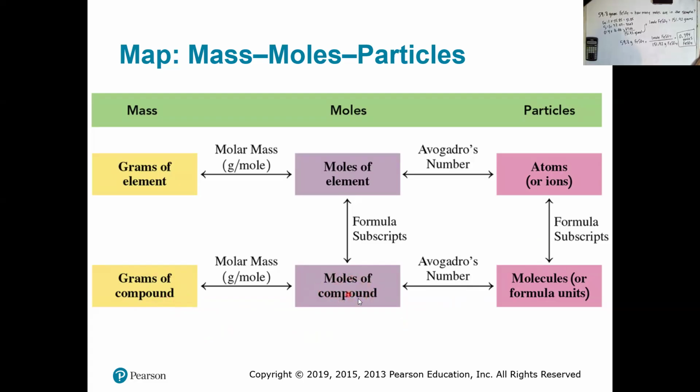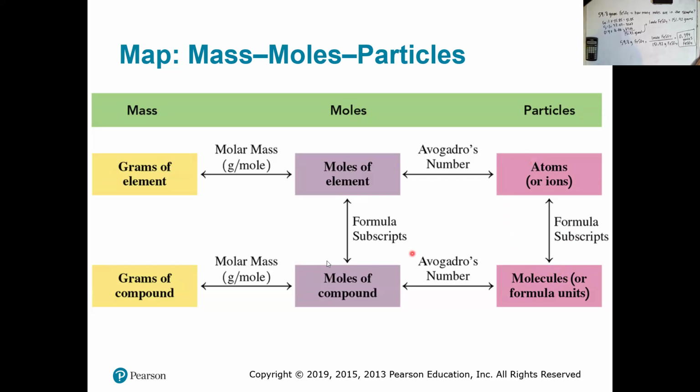You can go from moles of the compound into the number of molecules using Avogadro's number. Moles and molecules, that's the connection when we have compounds. And then if we want to go into a particular number of atoms, we can use our formula subscript and say, all right, in one molecule I have X number of atoms. And then we can figure out how many atoms are present.